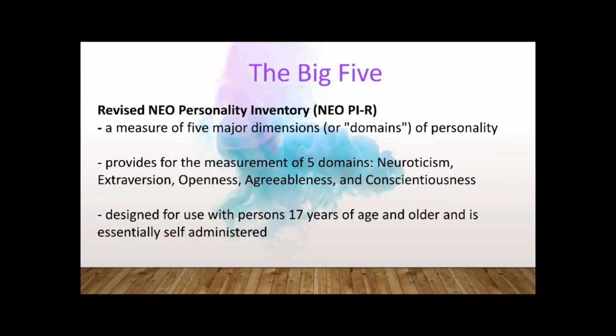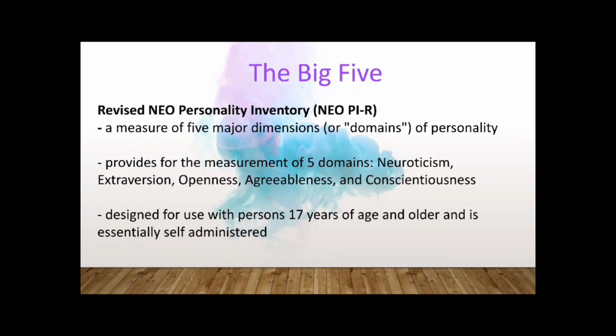The Revised NEO Personality Inventory or NEO-PI-R is widely used in both clinical applications and a wide range of research that involves personality assessment. Based on a five-dimension or factor model of personality, the NEO-PI-R is a measure of five major dimensions of personality, with a total of 30 elements or facets that define each domain.